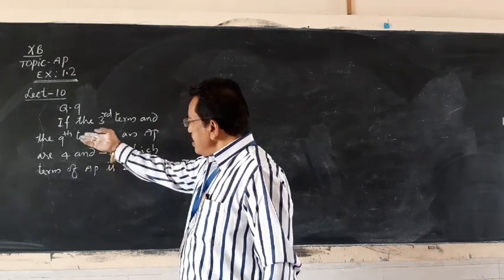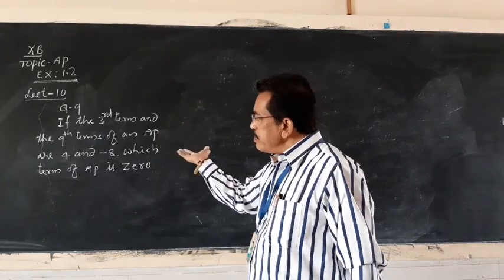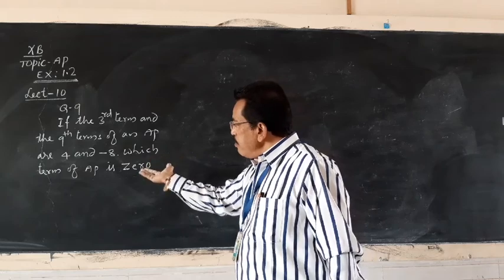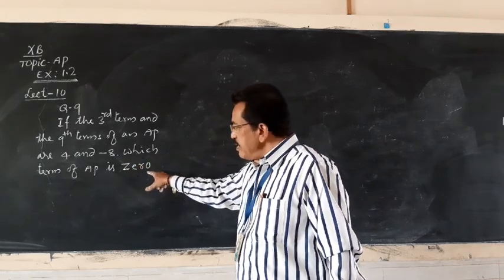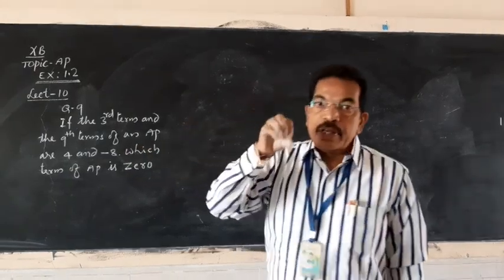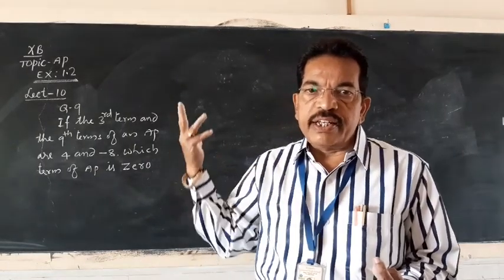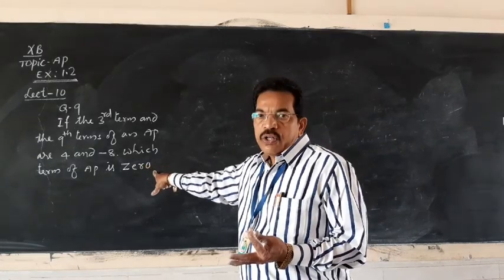That means in the continuation of the arithmetic terms, there may be a chance of 0 appearing. Yes, there is a 0 in that series. In which term? Whether it is the 5th, 6th, 7th, 8th, 9th or 10th. Which term of the AP is 0 is the question.